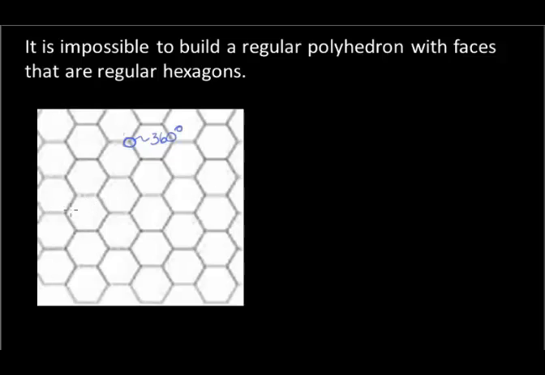In fact, we could tile a floor with hexagons, but we can't join them to make a 3D polyhedron or regular polyhedron. So there are none. And as you go up, heptagons, of course, have angles larger than 120, so we certainly cannot join 3 of them together. So what we've proven here is that there are only 5 regular polyhedrons.